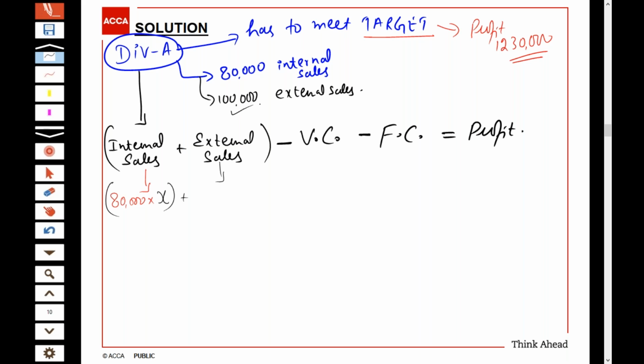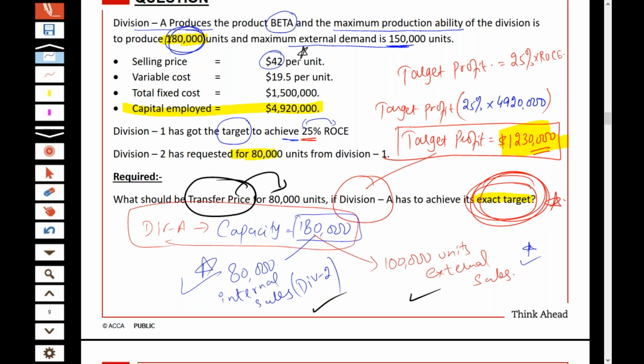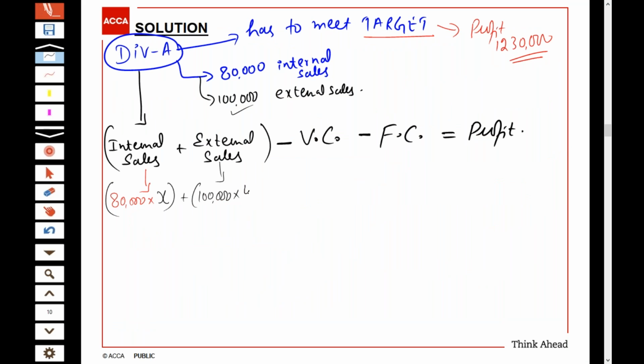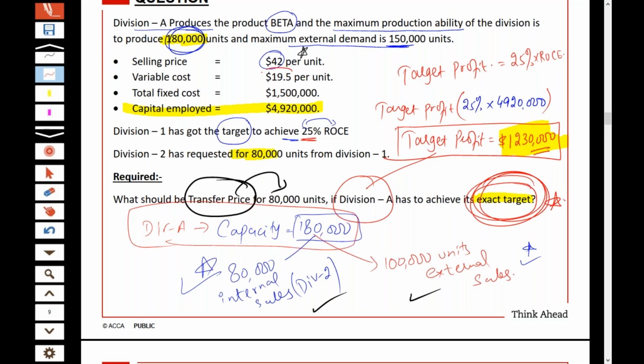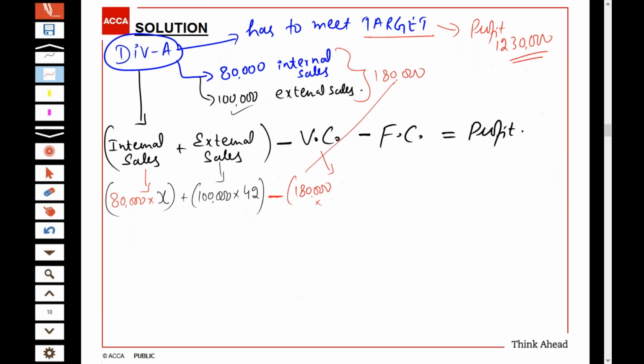What is the external sales? 100,000 units. It is making external sales at $42. It is given in the question. So how many total units is this division selling? 180,000. So minus variable cost: the combined 180,000 units multiplied by the variable cost, that is 19.5.